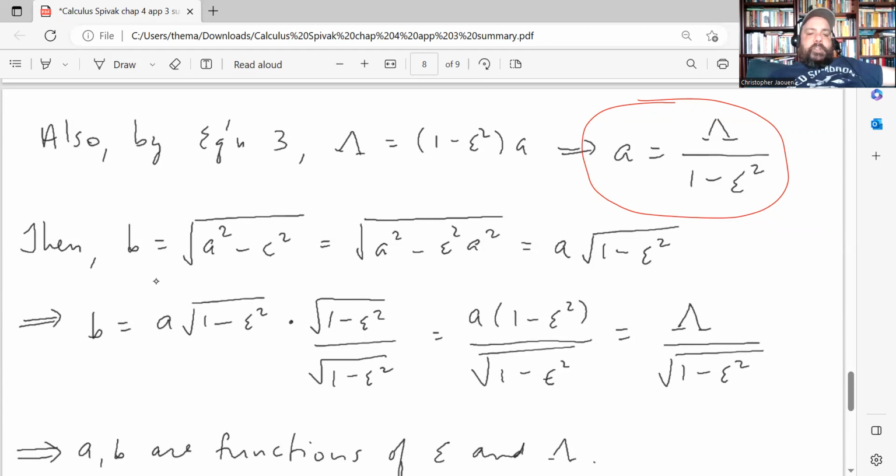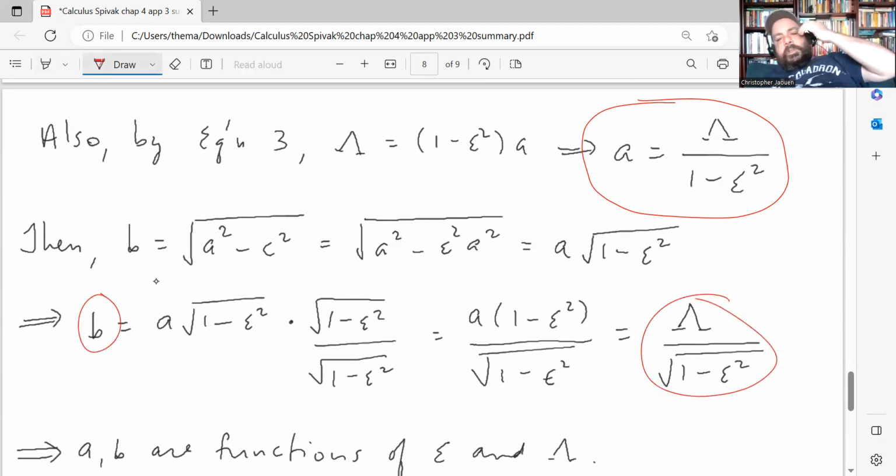Then just rationalizing the numerator, we get that b is equal to lambda divided by the square root of 1 minus epsilon squared. So we can see there that the values of a and b, which determine the lengths of the semi-major and semi-minor axes, are functions of lambda and epsilon.